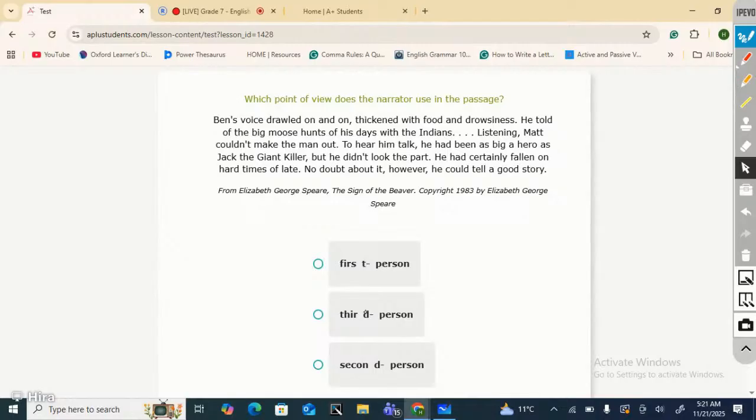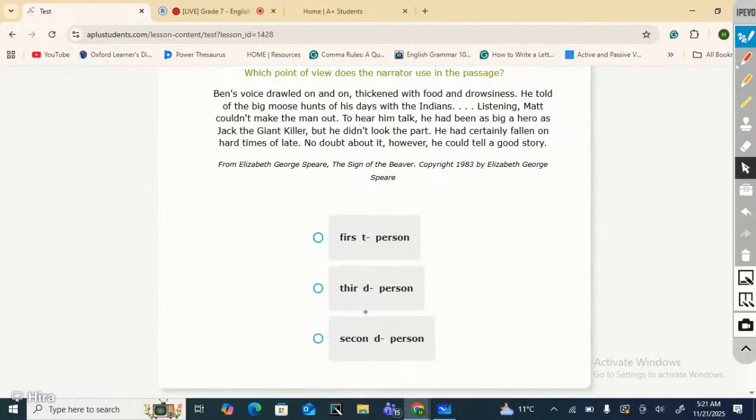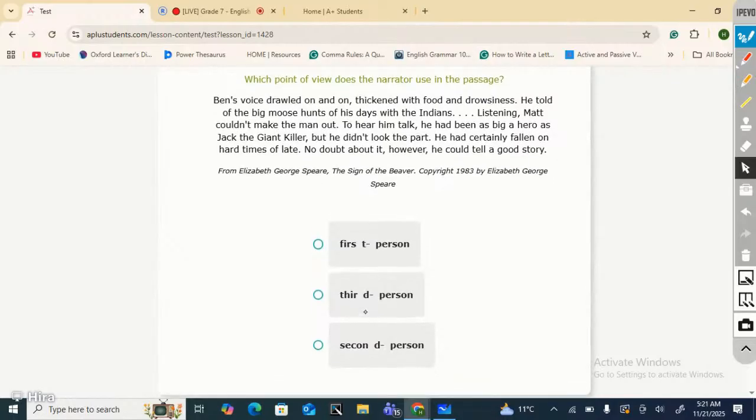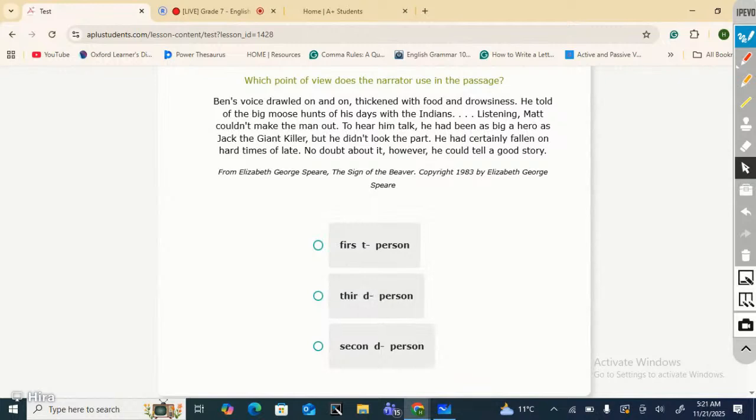To hear him talk, he had been as big a hero as Jack the Giant Killer, but he didn't look the part. He had certainly fallen on hard times of late. No doubt about it, however, he could tell a good story. Which point of view does the narrator use in the passage? First, third, or second person?